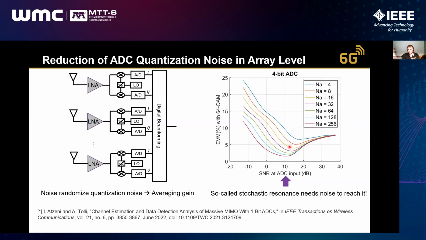If you have too good a signal to noise ratio before the quantization, you also lose, because then the quantization noise will dominate. But there's some optimum point where noise can randomize the quantization noise and you get this benefit. This is called stochastic resonance in the literature related to low resolution ADCs. Similar effect: noise makes differences. You add the differences and you can gain.